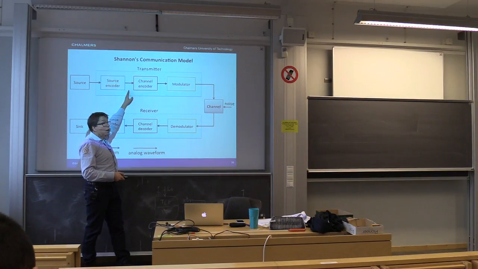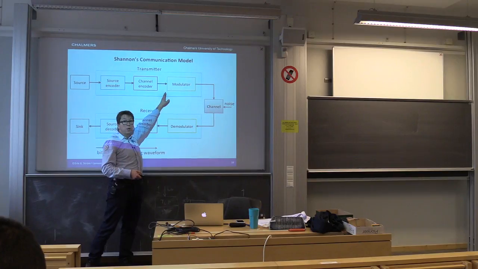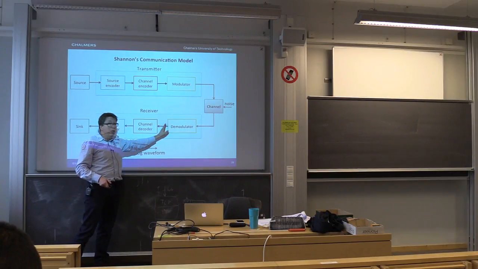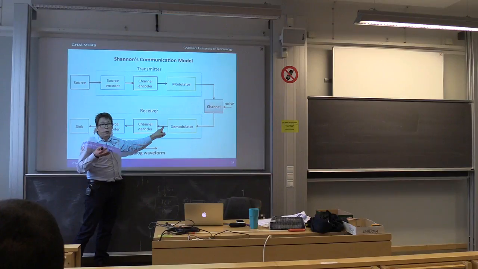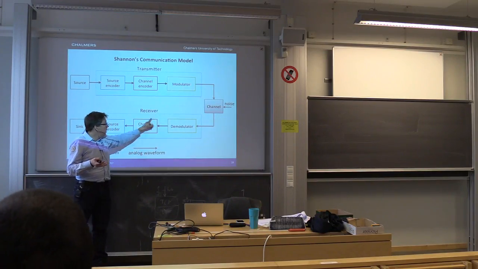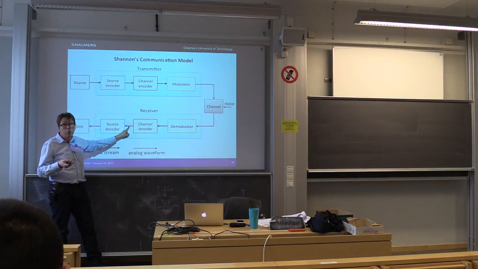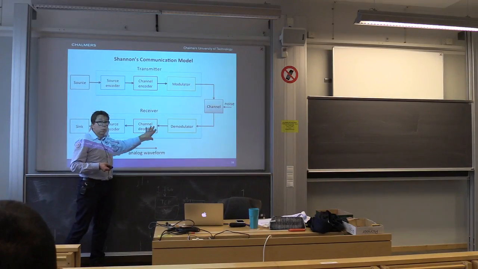So if there is 100 kilobits here, maybe there is 120 kilobits per second here. And then these bits are transmitted over, and there might be an error here. So here the error probability might be 1%, say. And then the channel decoder can fix many of these errors. So maybe the error probability here is 10 to the minus 6. So it's for error control.